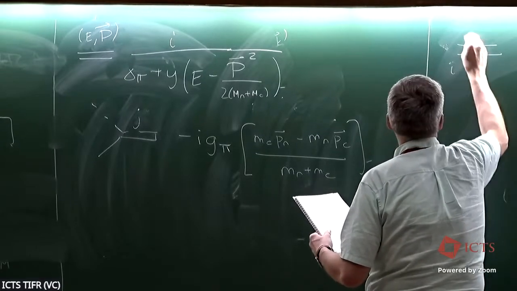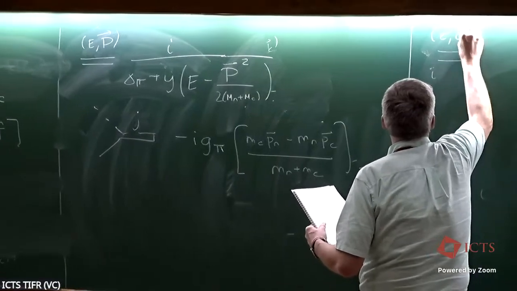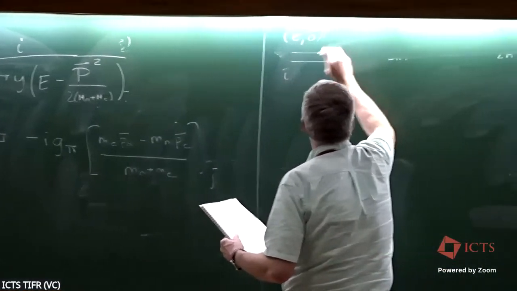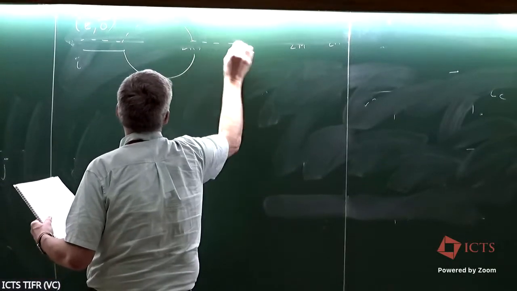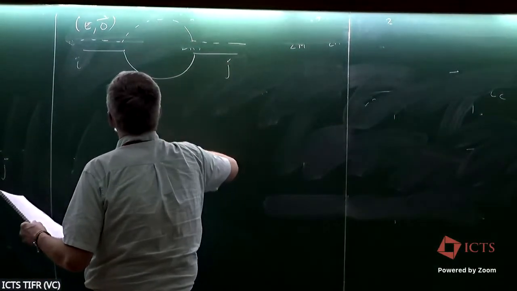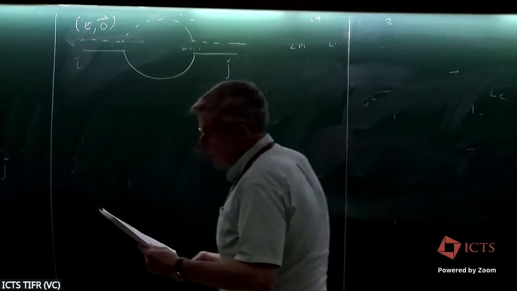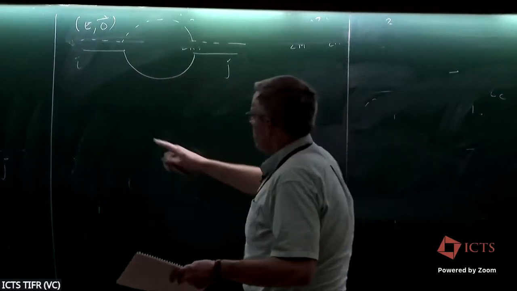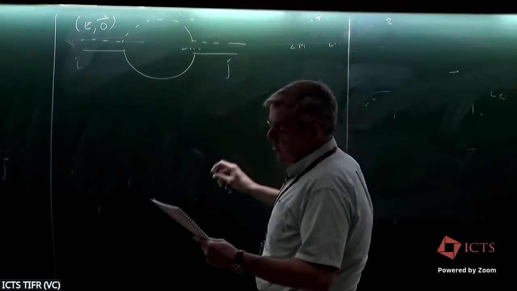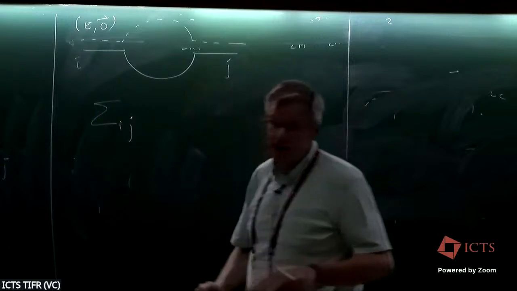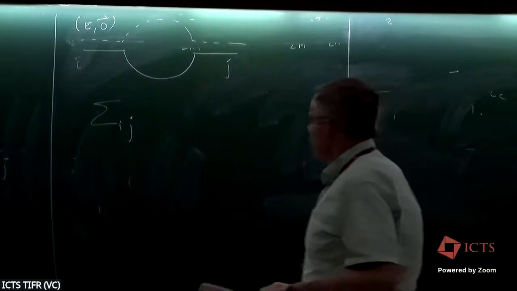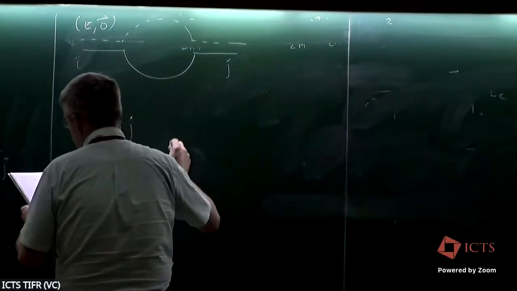So we'll start off with a dimer in its center of mass frame. It's going to stay in its center of mass frame, and we will start with component I and go to component J. So in principle, we're going to compute a matrix, sigma ij. But in fact, well, you'll see.